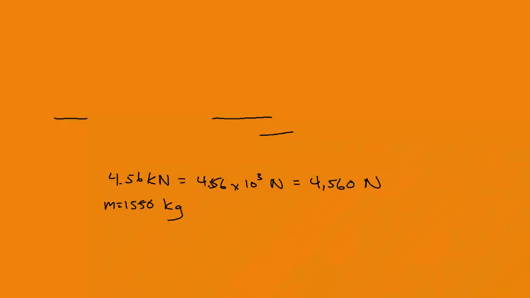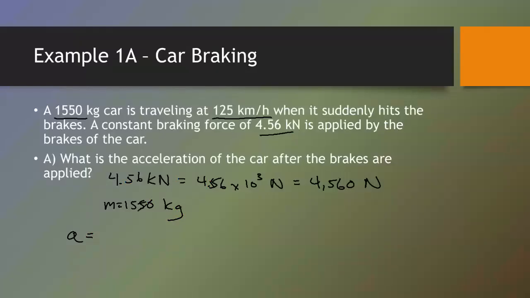To find the acceleration, if the force is equal to the mass times the acceleration, then we just need to divide by the mass. Another way of saying it is that the acceleration is equal to the force divided by the mass.